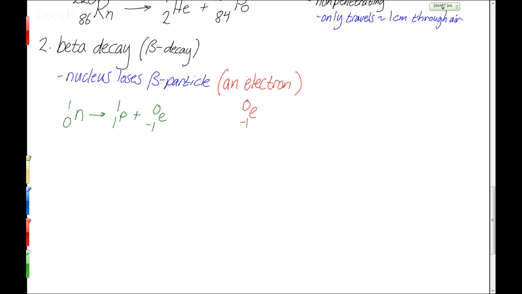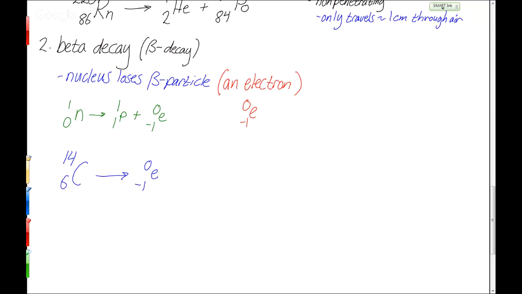So that means an overall equation for beta decay, we're going to do it in the same way. One isotope that undergoes beta decay is carbon-14, which is what's used for carbon dating. We're going to take our nucleus, show it emitting the particle, and then figure out what's left.